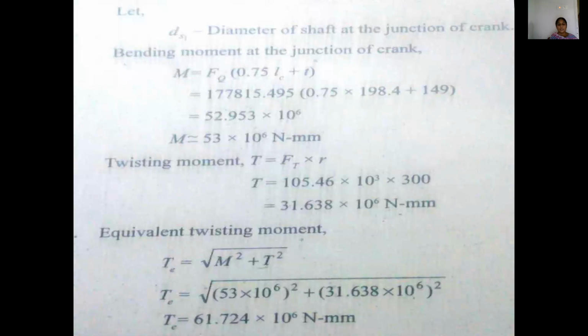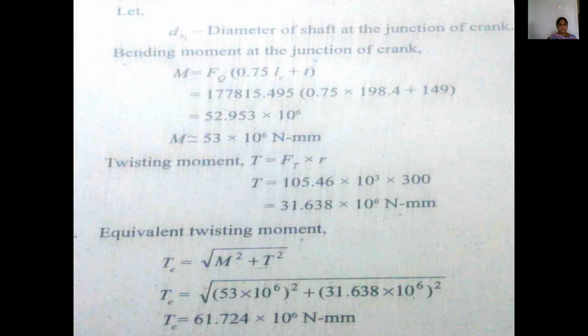Next, twisting moment. Twisting moment T is equal to Ft into R. T is equal to 1.546 into 10 cube into 300. And then T is equal to 31.6 into 10 to the power of 6 Newton per mm.